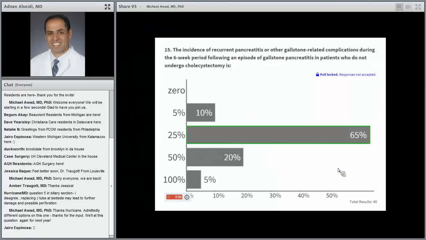Correct. So the answer is 25%, which is C. In general, most patients will have recurrent symptoms within 2 to 3 weeks. 25% of patients will have recurrent symptoms within 2 to 3 weeks. So within a 6-week period, the answer is 25%.